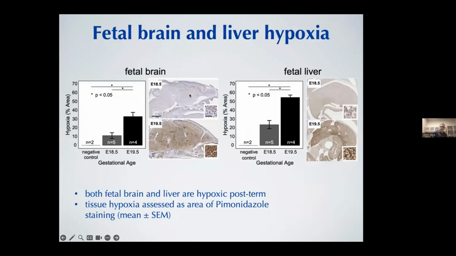at 18.5 days to that at 19.5 days, you see this dramatic increase in cerebral hypoxia. The effect is less pronounced in the fetal liver. So already at 18.5, there's some hypoxia staining, and that becomes more severe as you go 1 day post-term.